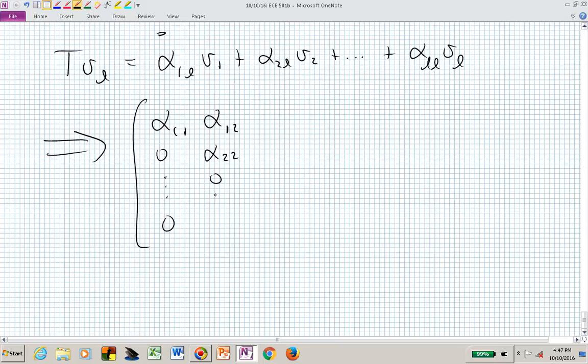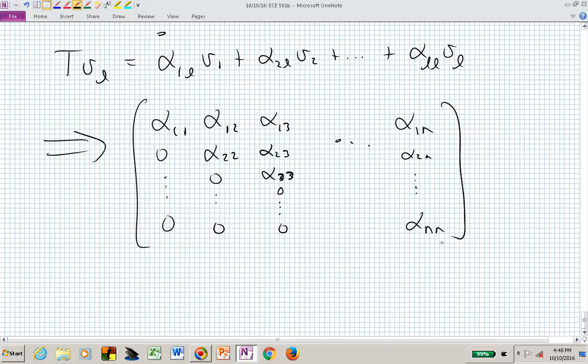So I have zeros below that. And I had alpha 1,3, alpha 2,3, alpha 3,3, and zeros below that. And I just keep going all the way to alpha 1n, alpha 2n, all the way to alpha nn, since L was allowed to march between 1 and n.